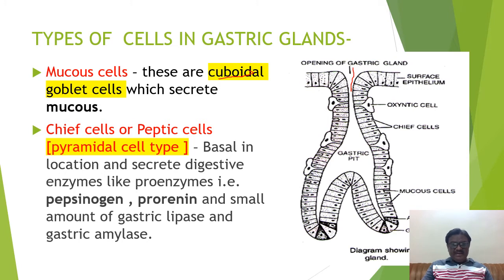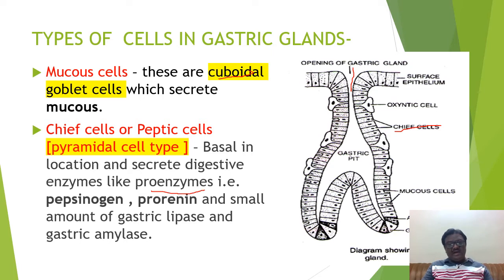Another type of cells are the chief cells or the peptic cells. These are the chief cells. They are pyramidal in shape, basal in location, and secrete digestive enzymes in the form of proenzymes. Why do we call them proenzymes?